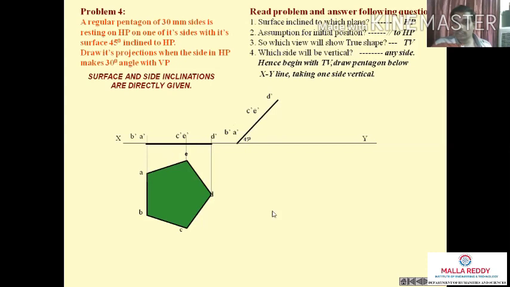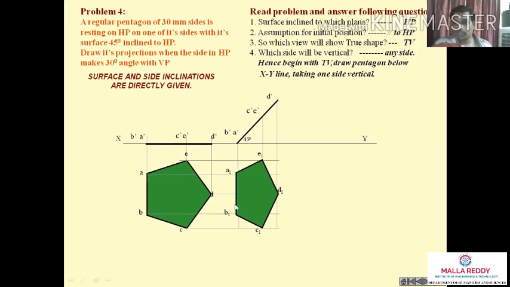To get the fourth step, we project downwards to get a reduced pentagon A1, B1, C1, D1 and E1. So when a plane is inclined to the horizontal plane, we get a reduced area. And next, the fifth step is to draw the projections when the side in HP makes 30 degrees angle with the vertical plane.